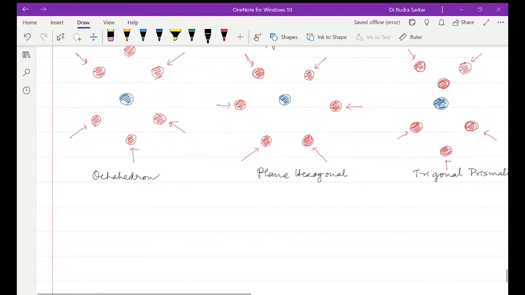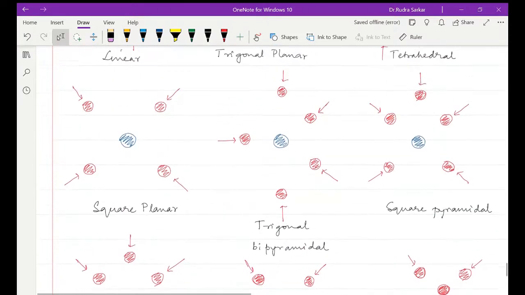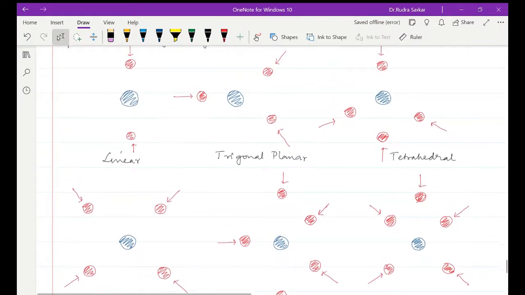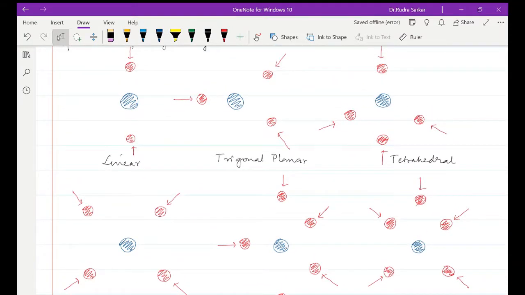Okay, so depending on the size of the metal ion, the ligands may approach the metal ion in the possible manners. Okay, and accordingly, the d orbitals will energetically arrange themselves in space.